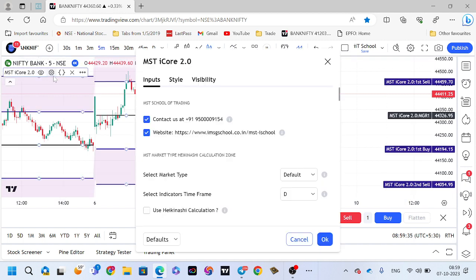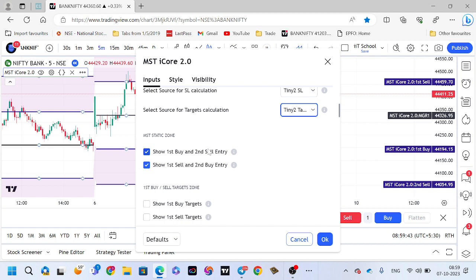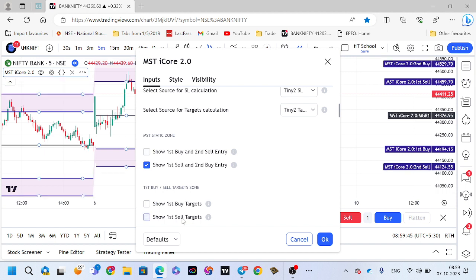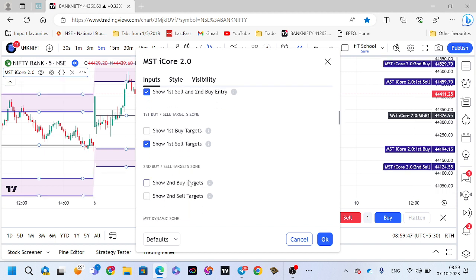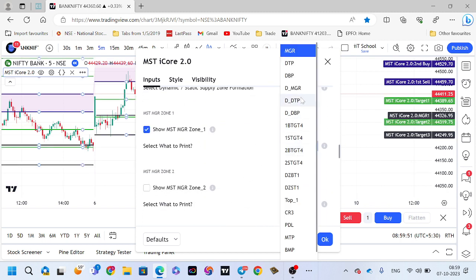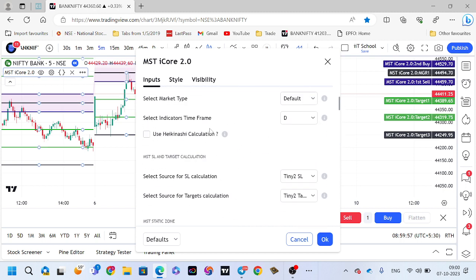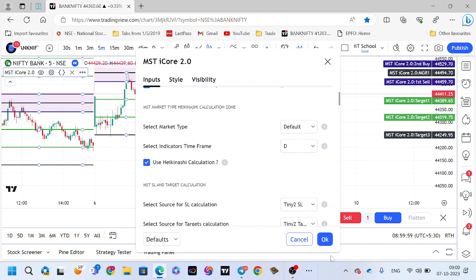Then I will enable the target and stop loss. Sell activated. So I am removing the buy entry, enabling the sell targets, enabling the second buy targets also, because if SL hit, I have to go for the reversal entry. These are the settings I am doing initially.